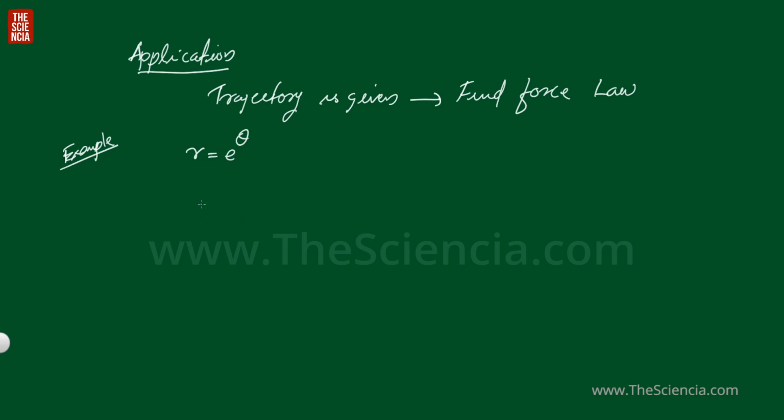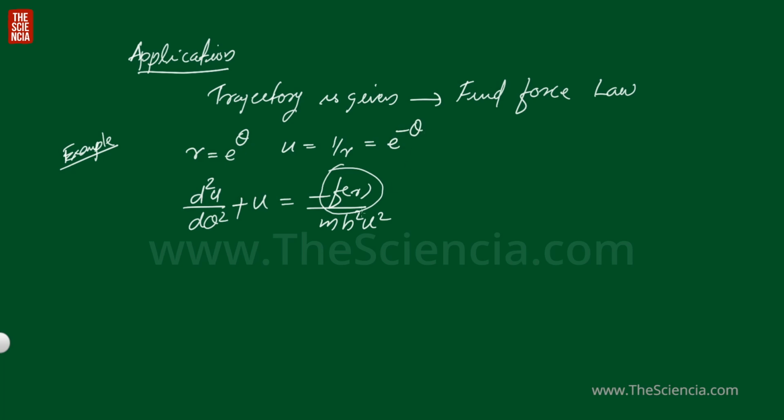Here we know what is the differential equation for orbits, that is d square u by d theta square plus u equal to minus f of r by m h square u square. Here the question is to find out this f of r value. Okay, and we know u is equal to 1 by r, and that is equal to e raised to minus theta. So first you have to find out d square u by d theta square.